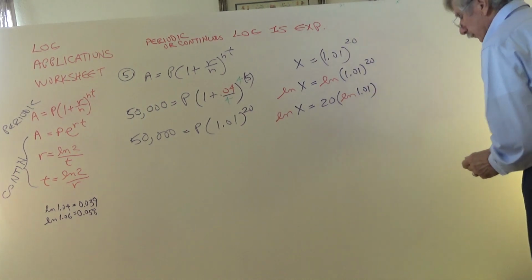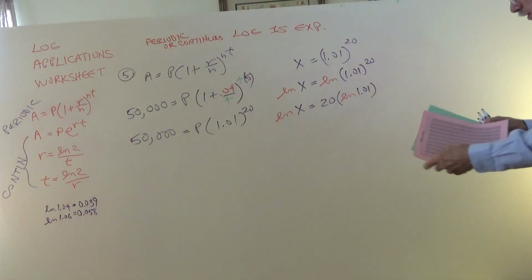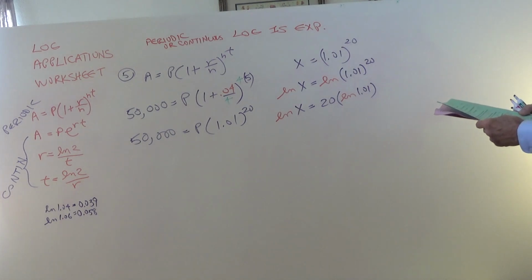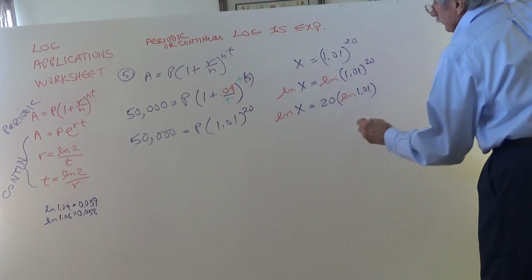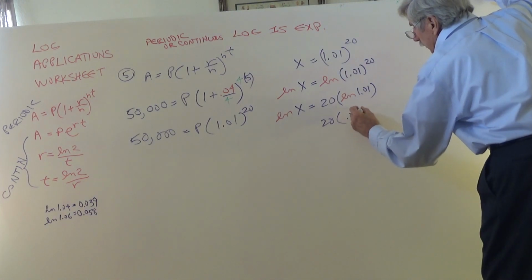Let's look for the natural log of 1.01 on our table. The natural log table is the second table here. And 1.01 looks like that might be 0.010. So we replace the natural log of 1.01 with 0.010.